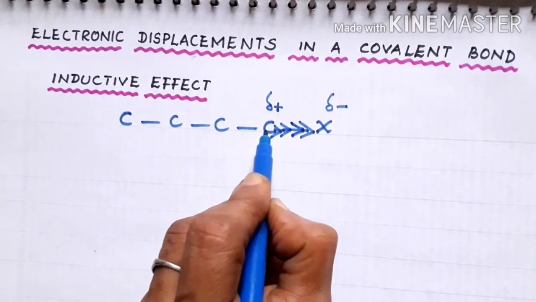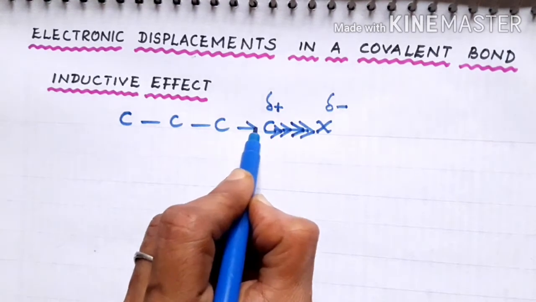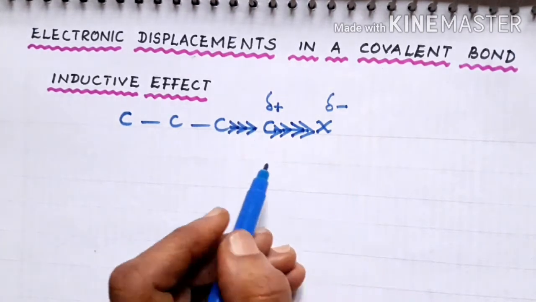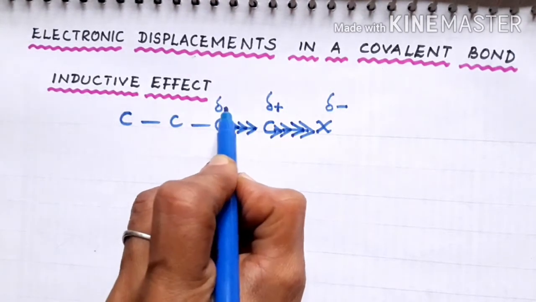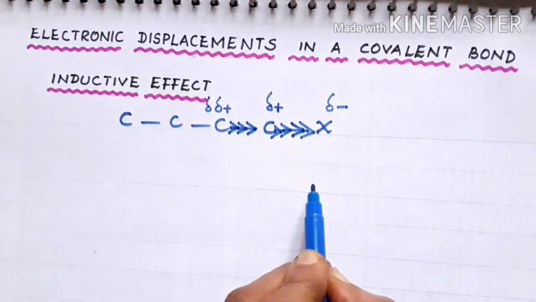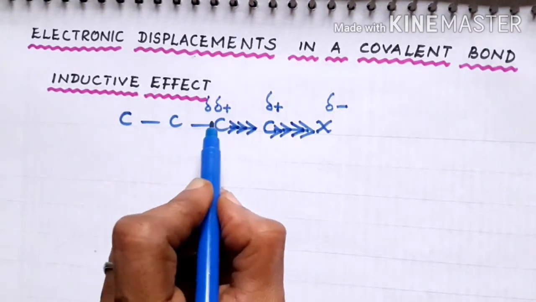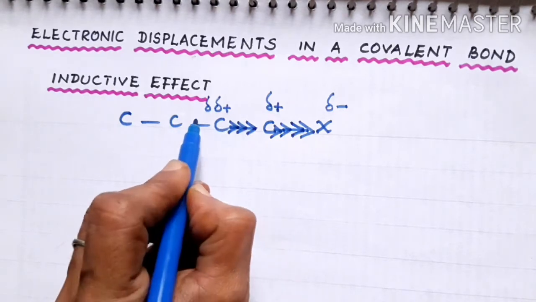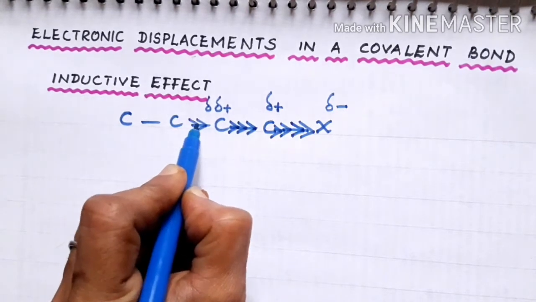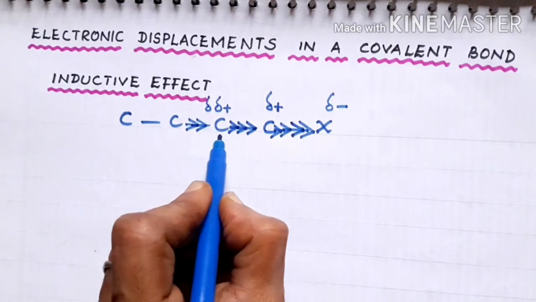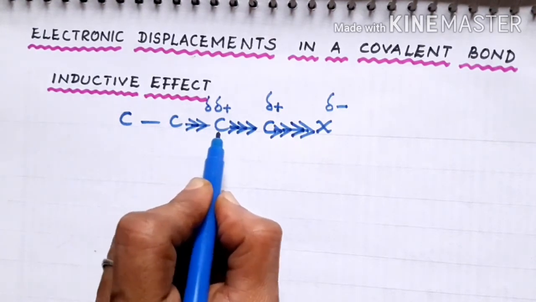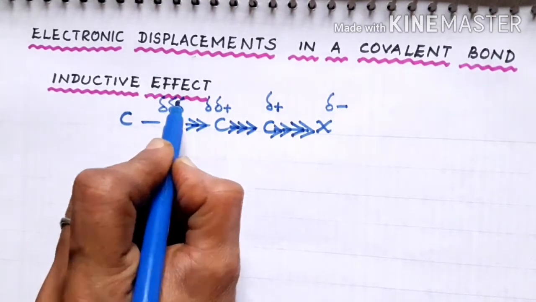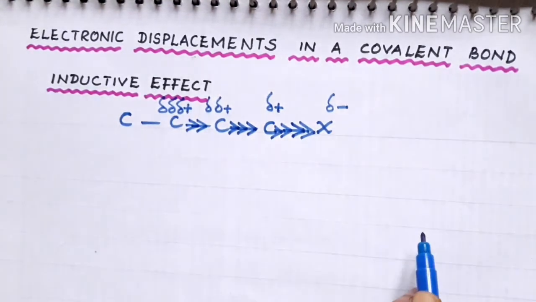whereas the second carbon will pull the electron with less strength, making it slightly positive. In turn, this carbon also has a positive charge, which will provoke the next carbon to pull the electrons in between the other two carbons, making it still less positive.